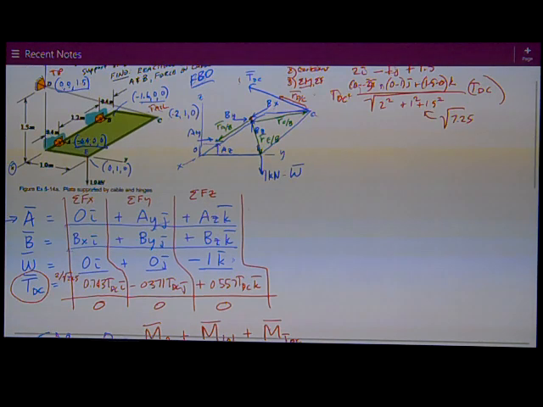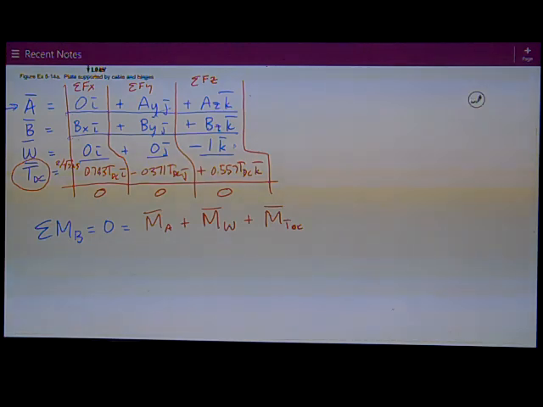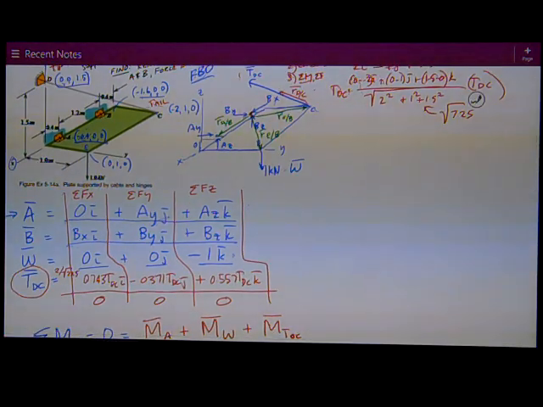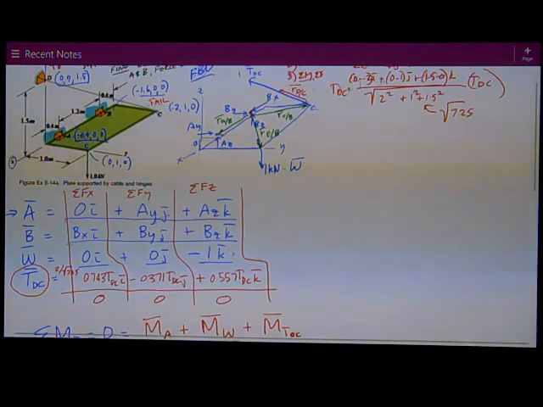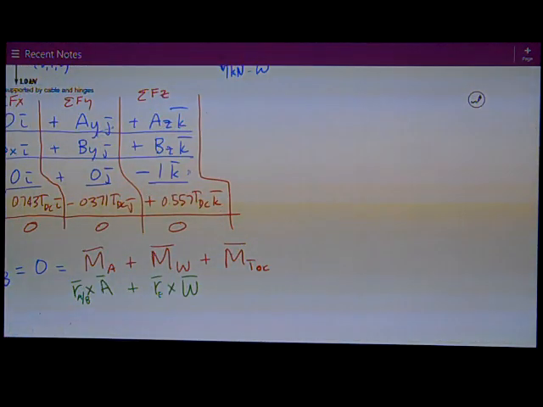For the force at A, I have an R cross F, where the position vector is from B to A, so we call that RA over B. Then I have a cross product of R with the weight, the force W. The position vector is from B to E, so we call it RE over B. Finally, I have a moment caused by the force in the cable.